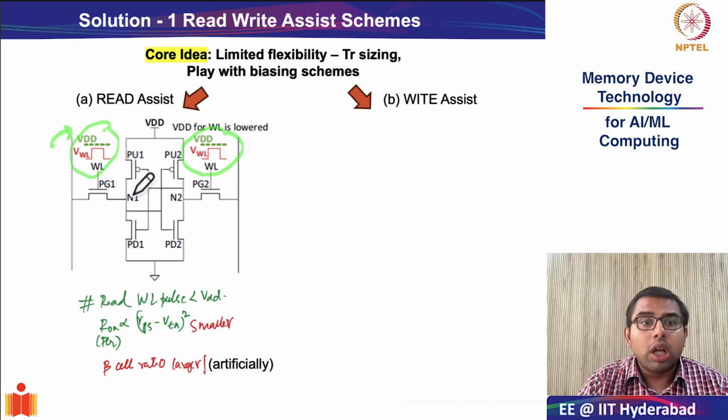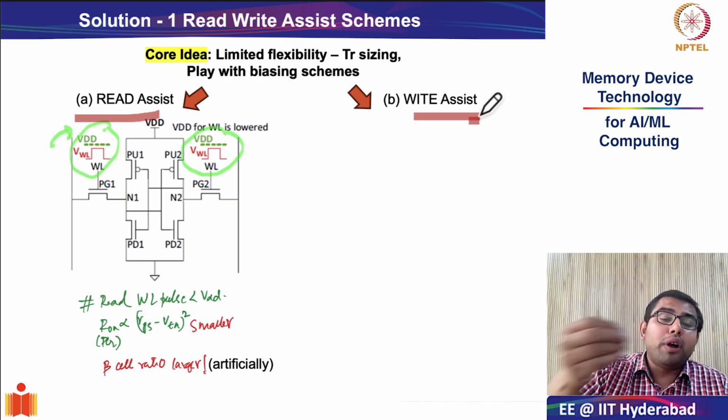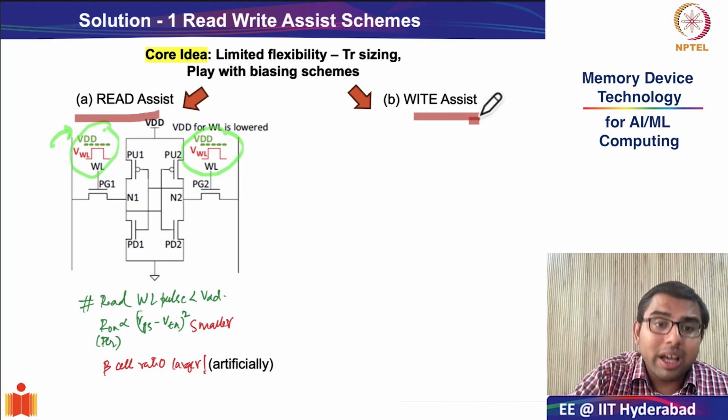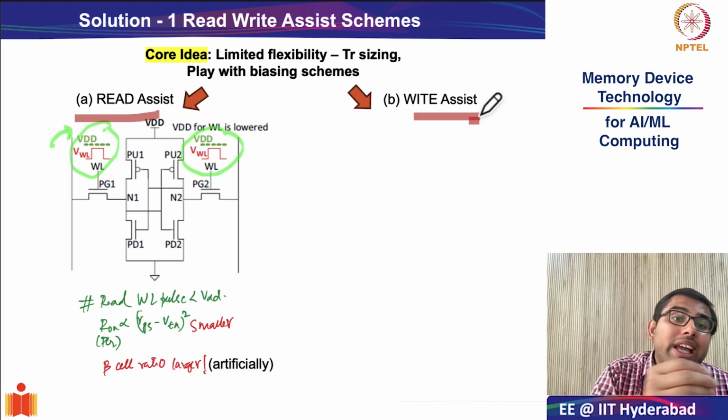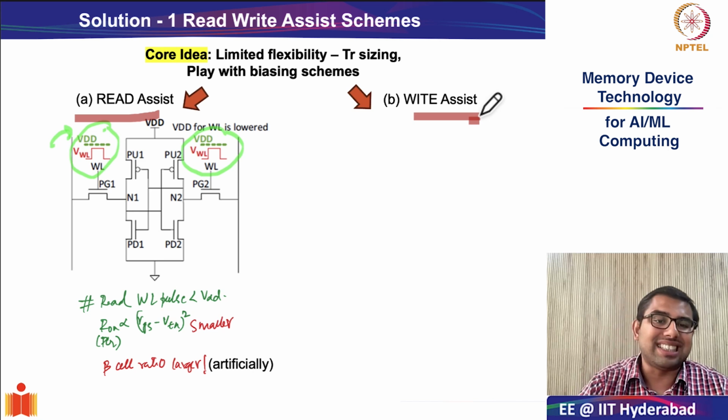So therefore, the biasing scheme is in turn divided into read assist and write assist cycles. Remember, these are not two different cells. They are different biasing schemes which are applied on the same SRAM cell, one during read and another during write. So let's first look at the read assist scheme.